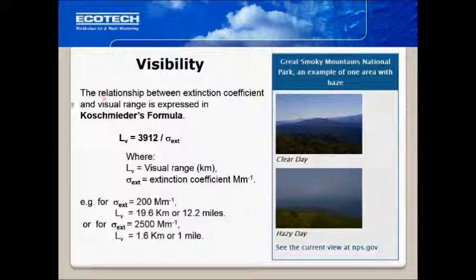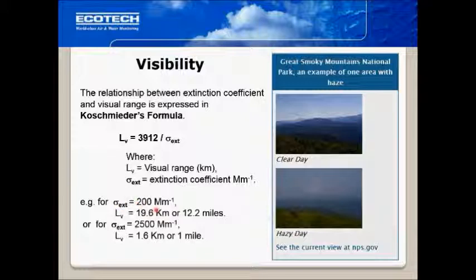And Koschmieder developed the formula, which is basically that the visibility length is that number divided by the extinction coefficient, where the visual range is in kilometers and the extinction coefficient is in inverse megameters.